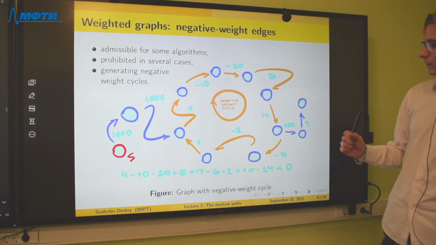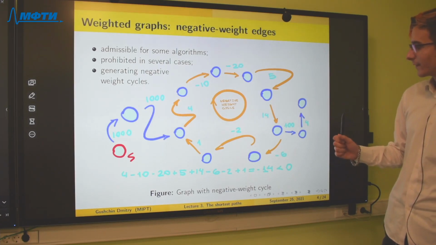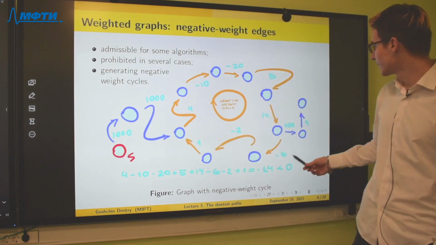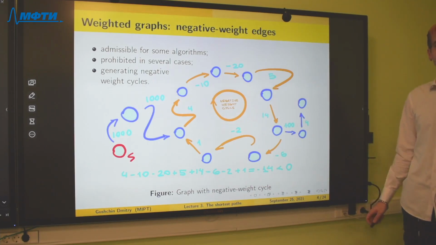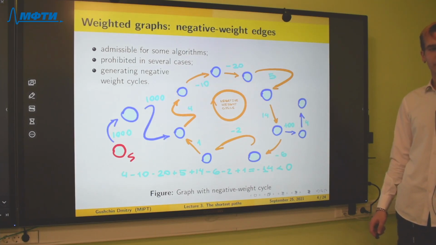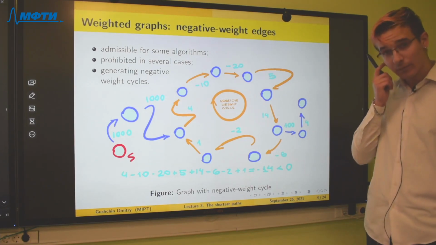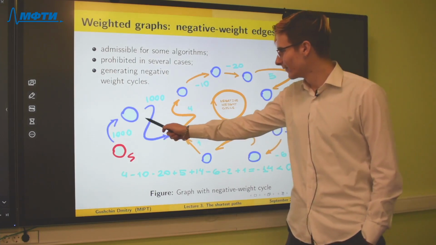What can you say about the shortest path between, for example, S and this vertex?